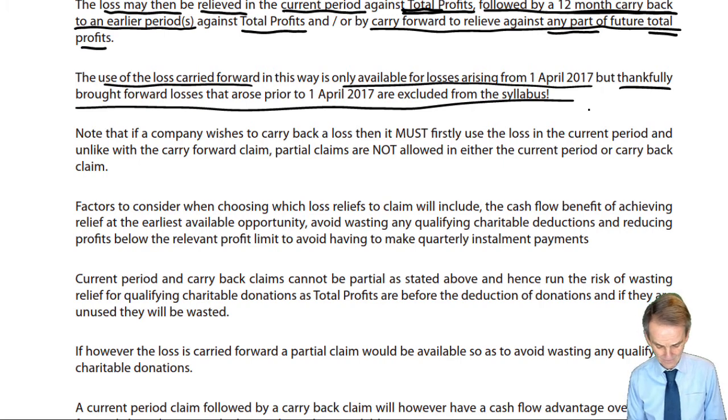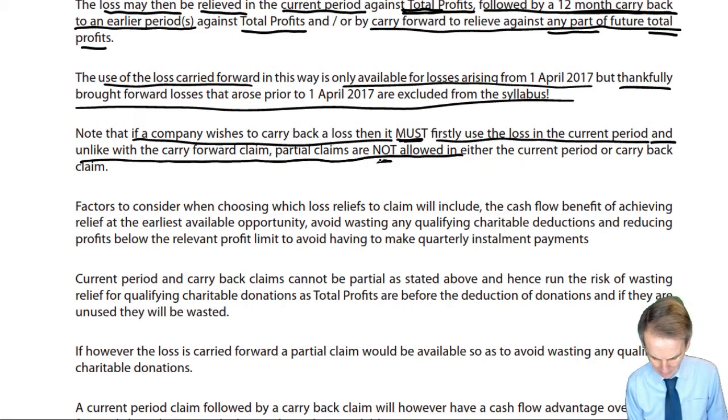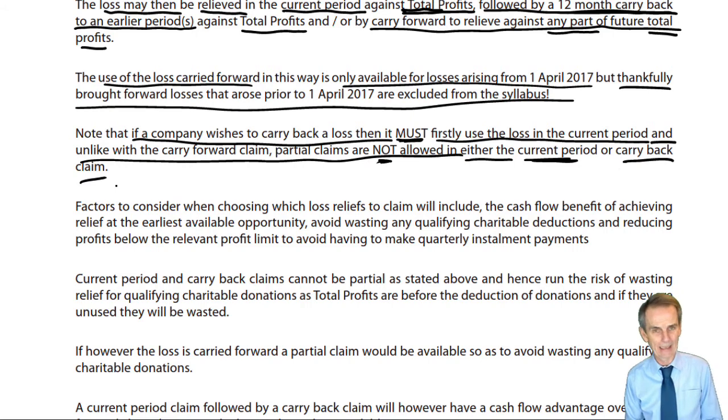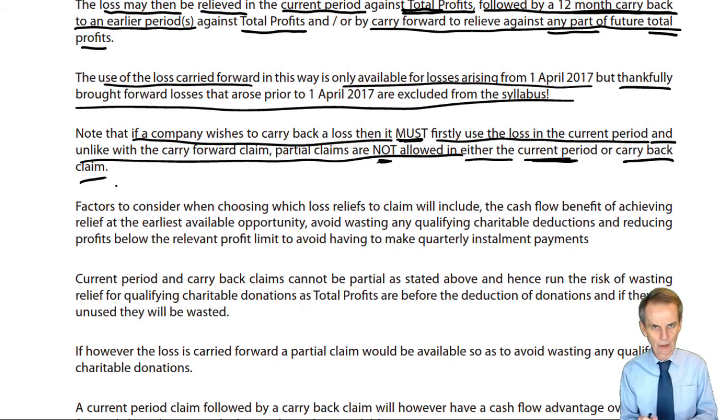Notice we've said that if a company wishes to carry back a loss, then it must firstly use the loss in the current period, and unlike with the carry forward claim, partial claims are not allowed in either the current period or the carry back claims. So again, absolutely vital to understand.